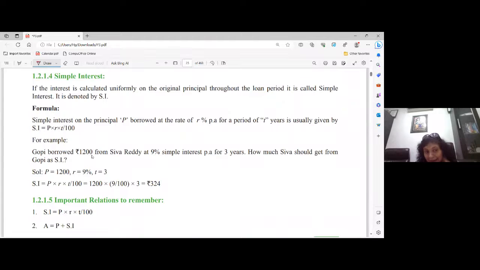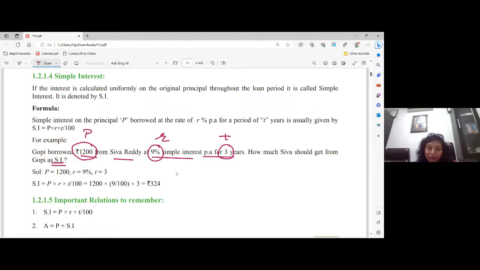Gopi borrowed 1200 from Siva Reddy at 9% simple interest per annum for 3 years. How much Siva should get from Gopi as simple interest? So that means borrowed 1200 is the principal, 9% is the rate of interest, time period is 3.